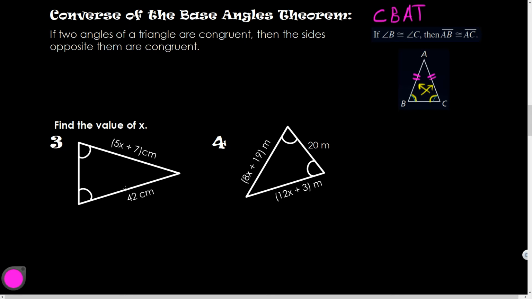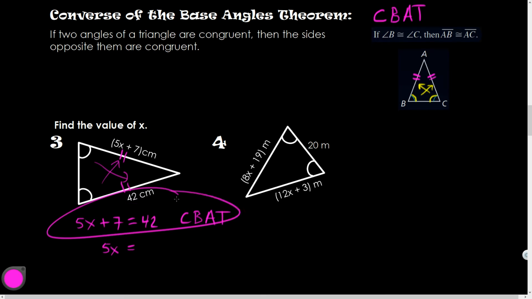So let's use the CBAT here together. I think we could speed run these problems pretty quick. So these angles are congruent, therefore the legs opposite them are congruent. And I could say 5x plus 7 equals 42. And actually, even if all you write was that, right, your future self already knows algebra. You don't need to write all the algebra steps out if you don't want.